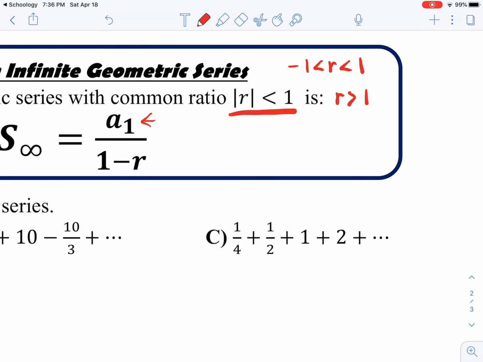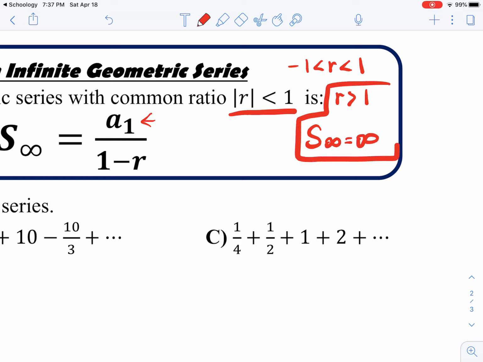If r is greater than 1, so if your ratio is 2 or 3 halves or 7, anything bigger than 1, or negative 17, anything less than negative 1, then if you think about it, if I keep multiplying something by 2 and adding it up forever, the sum of that series is infinity.